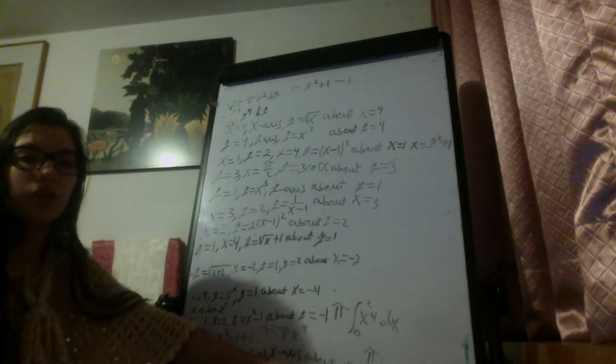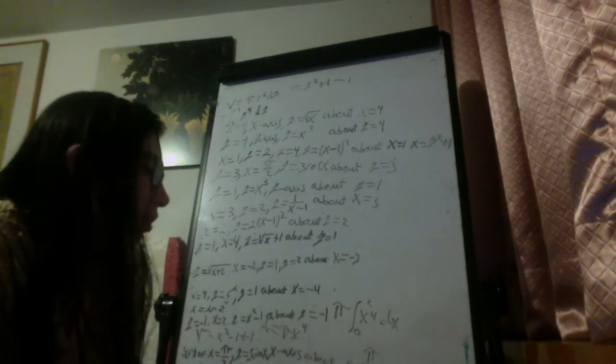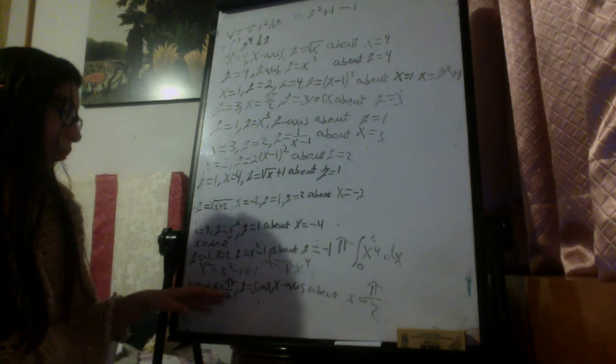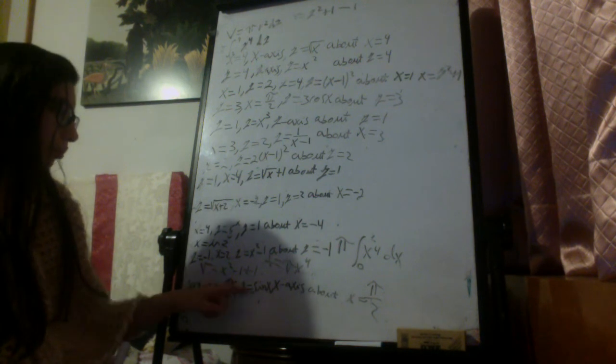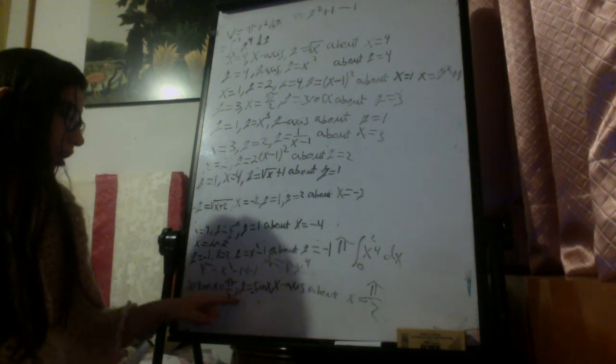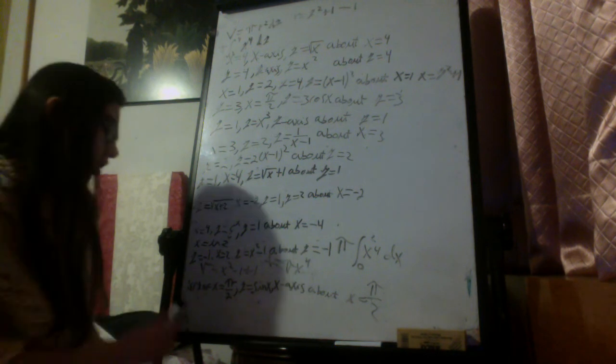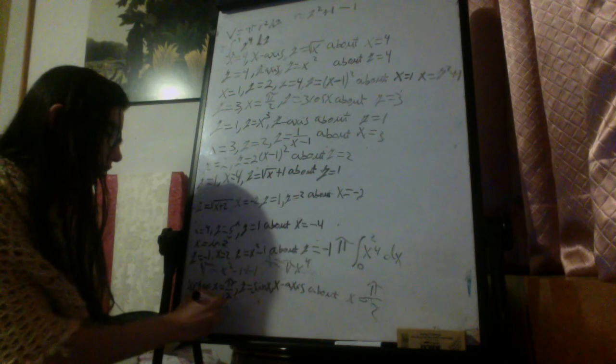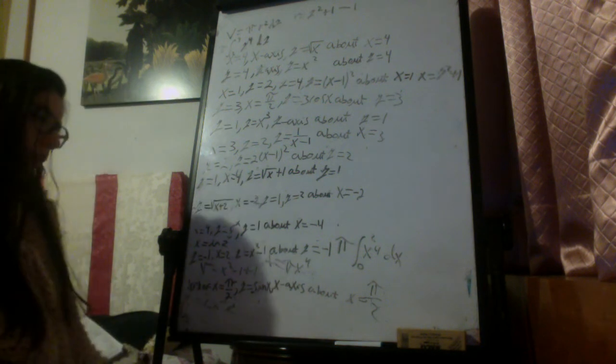The other one, we are rotating it about x equals pi over 2, so we need to put everything in terms of y. Here we have y equals sine x, the same as x equals arcsine of y.